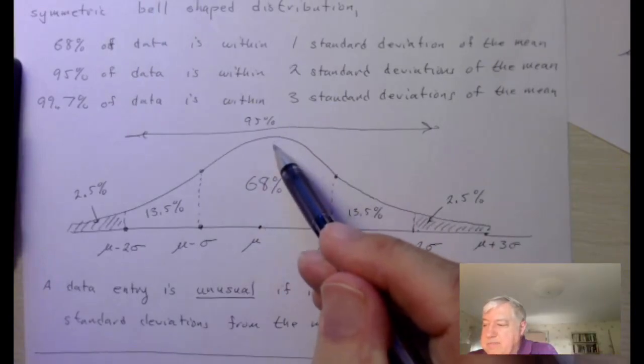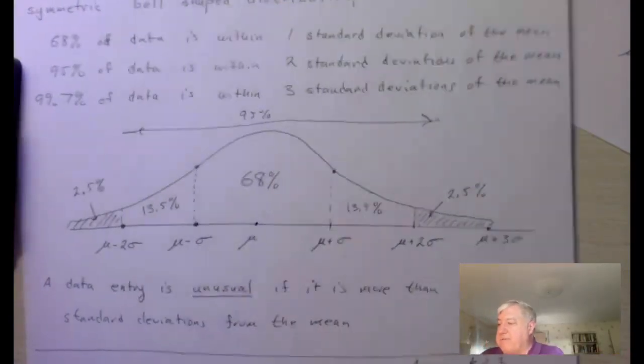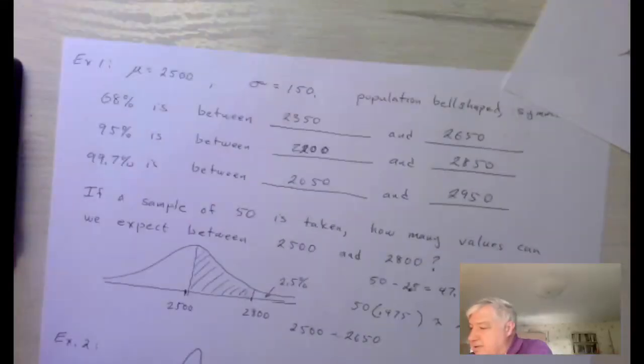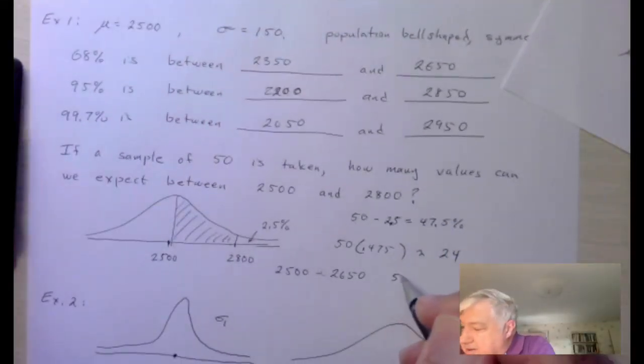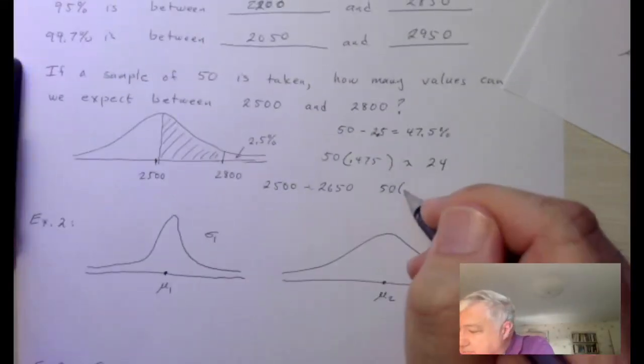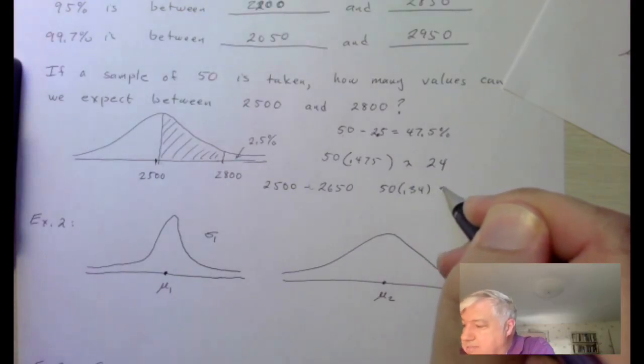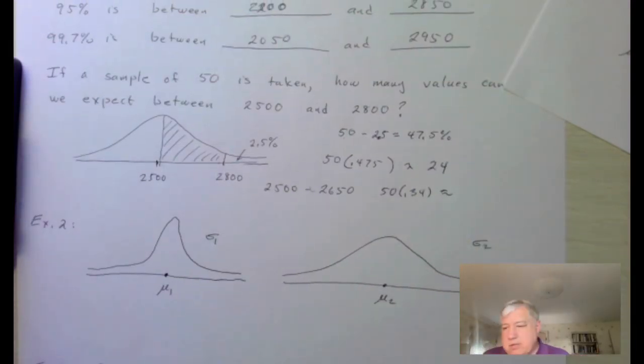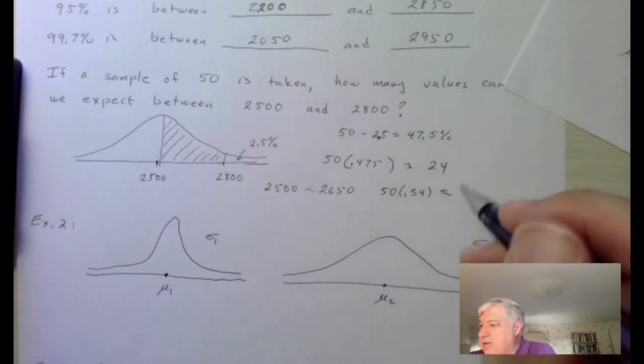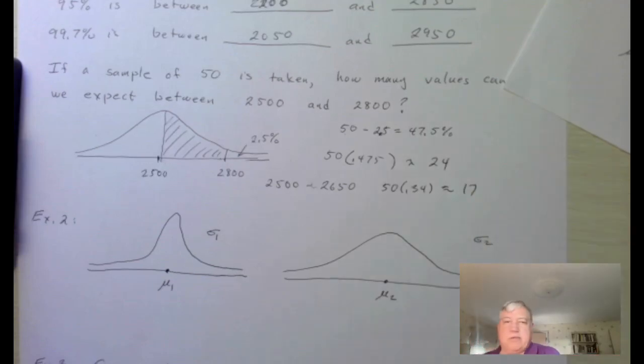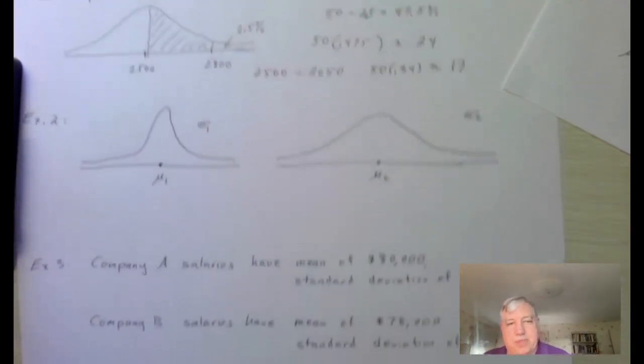So from here to here would be 34%. So it would be 50 times 34%, which I didn't calculate ahead of time, and I'm bad at arithmetic. But actually, it's exactly 17, so that's how many we could expect there.